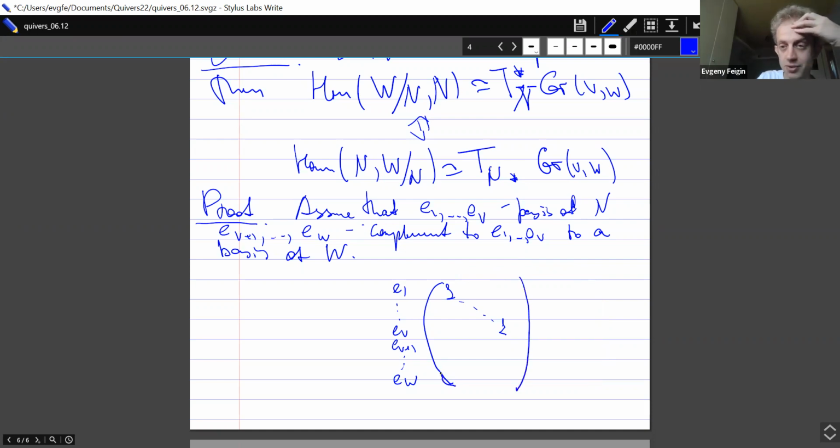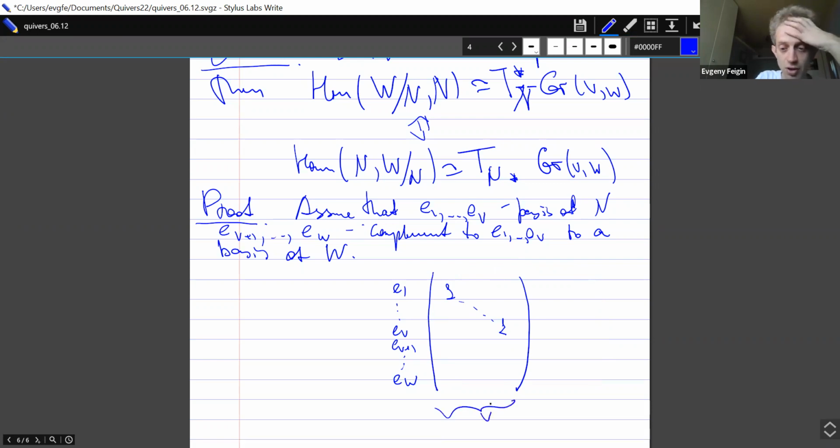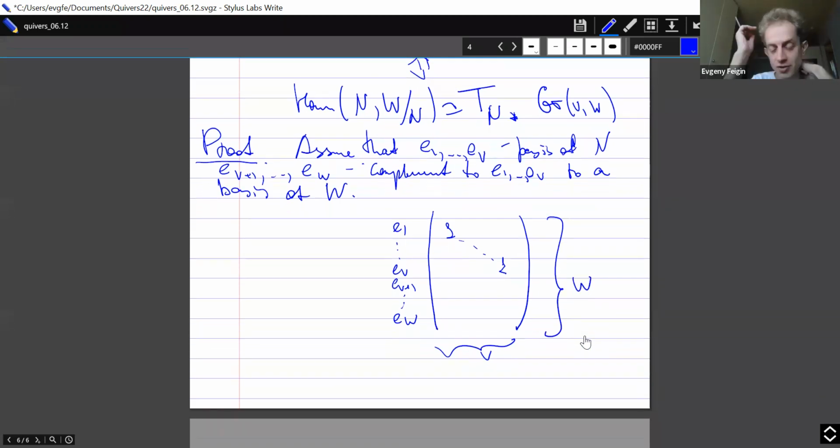In each column we have some vector, such that the span of these V vectors is some subspace.